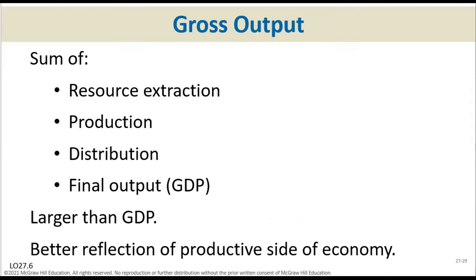In 2015, for instance, gross output for the US was 31.5 trillion, while GDP for the same year was 17.9 trillion. So you can see that GO is particularly useful when you attempt to gauge the magnitude of a business cycle fluctuation in a nation.